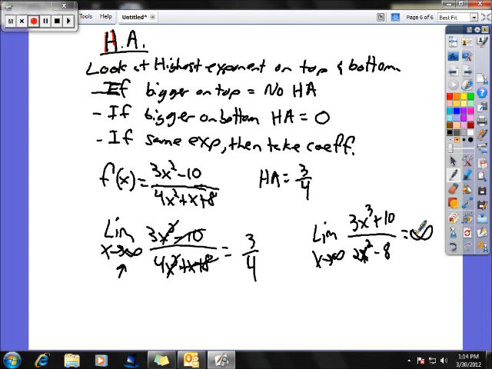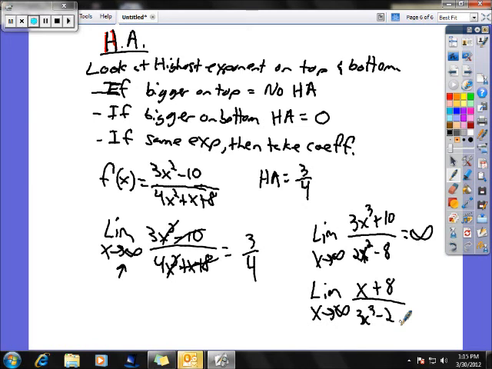If we look at the last kind here, let's say x plus 8 over 3x cubed minus 2. On this one, if you think about plugging infinity in here, you can go to your exponent rules and say it's bigger on the bottom, so the answer is 0. That's fine.